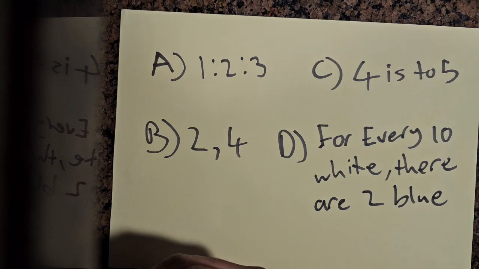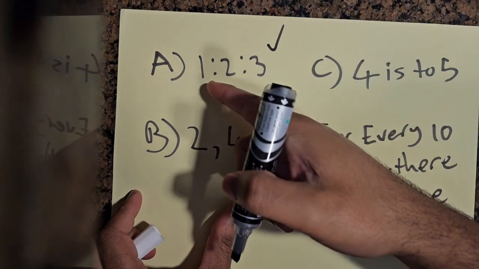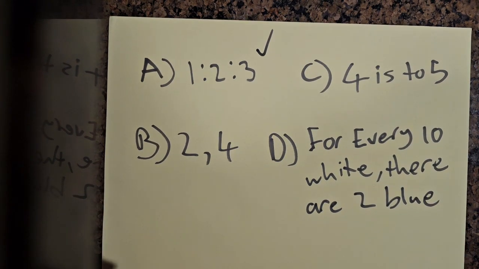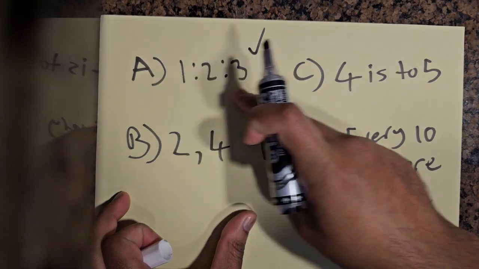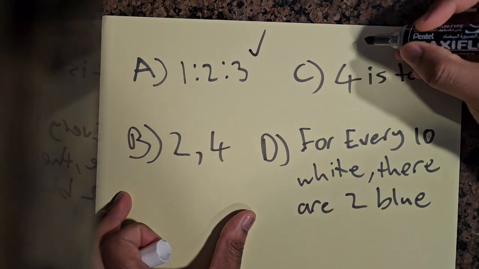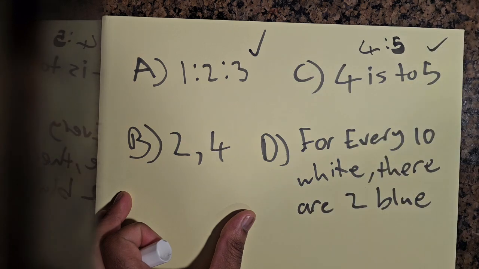Okay, so basically only one of these is not representing a ratio. Now the first one is fine. Even though there are 3 values, it is possible to have a ratio set between more than 2 things. The second one, 4:5, just means 4:5, so this is also true.